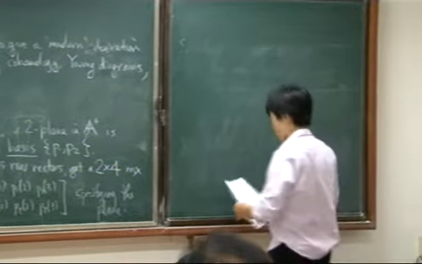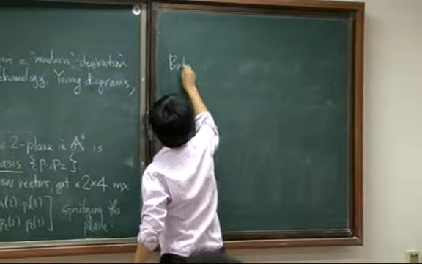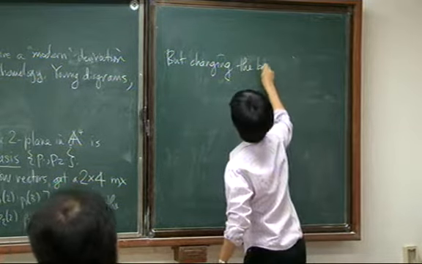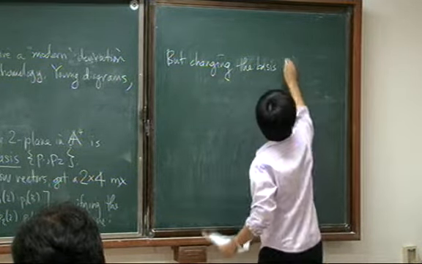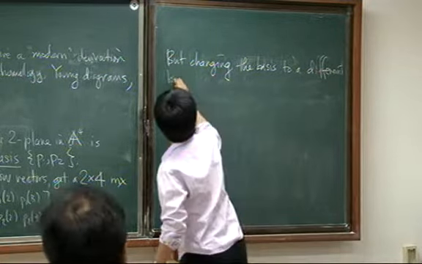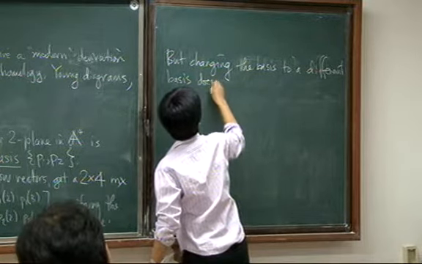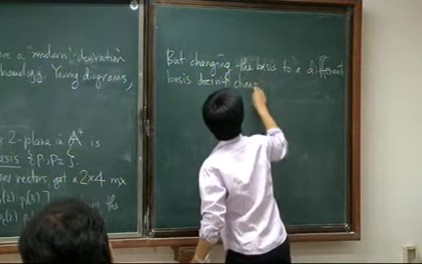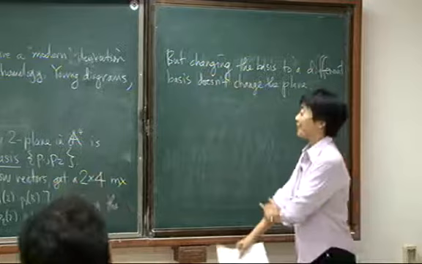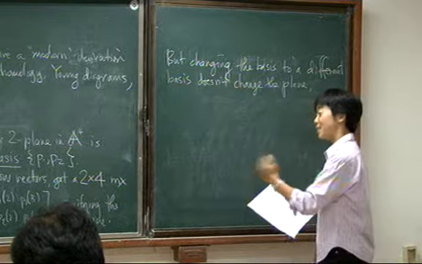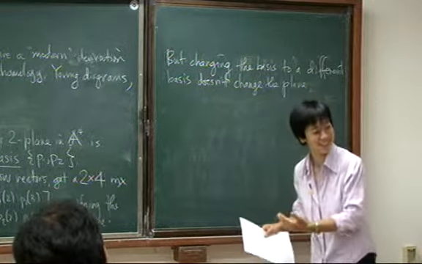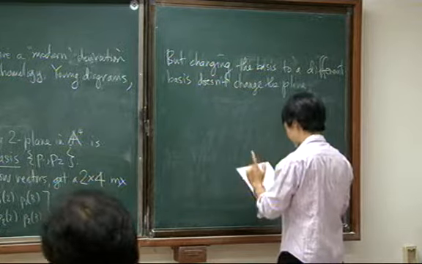As I just said, it's not unique. Changing the basis doesn't change the two-plane. So we're going to do basic linear algebra. Let's put this in reduced row echelon form in a particular way that's amenable to what I say later. It's a particular choice.